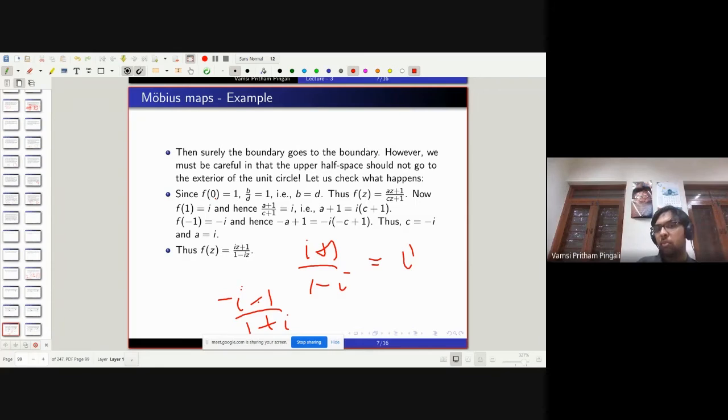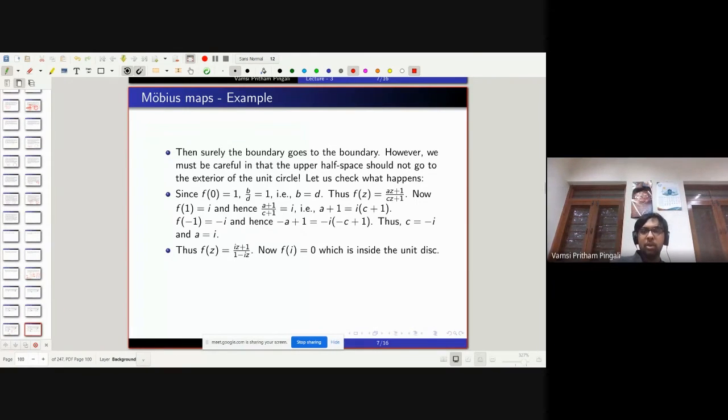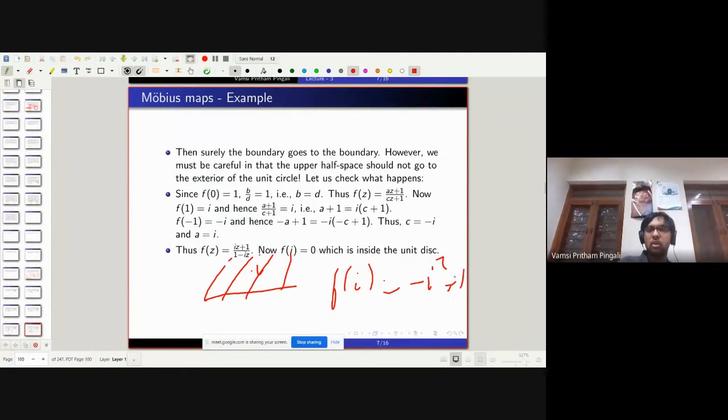Okay. But we also need to check what happens to something here. Suppose you take the point i here. What is f of i? It's minus i squared plus 1 over 1 minus i squared, which is 0. Which is inside the unit circle. So if one point goes inside, everything else also goes inside. Okay?